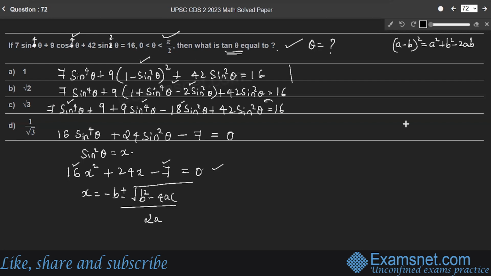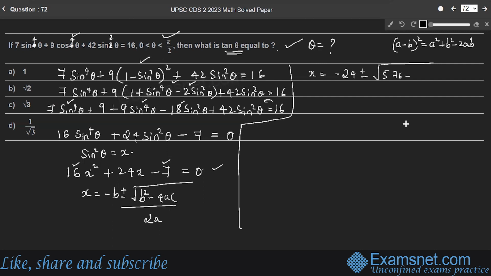Therefore, x becomes, b is 24, so minus 24 plus or minus root of b square. 24 square is, since 20 square is 400, 24 square is 576. 576 minus 4 times ac.